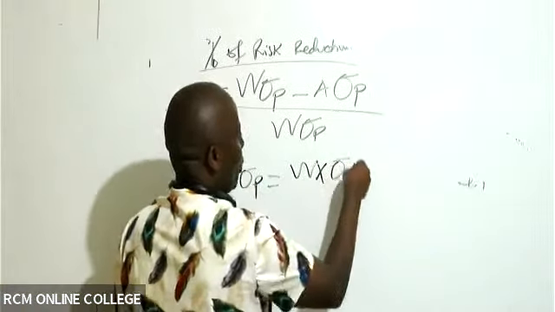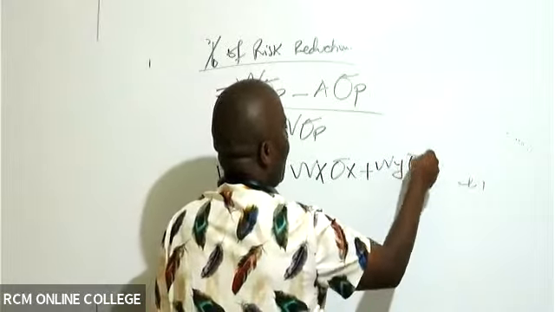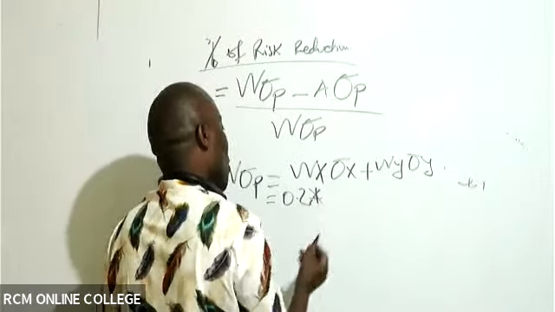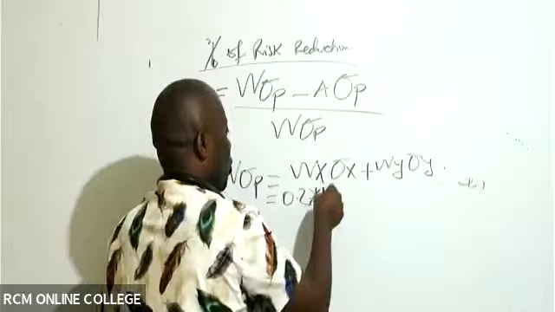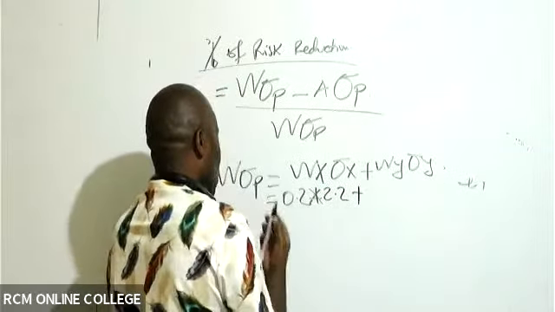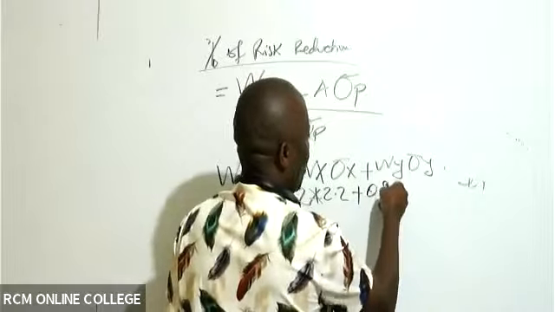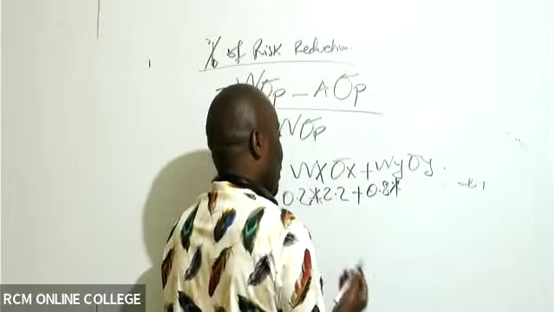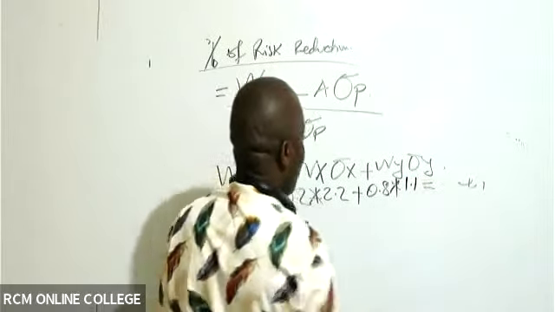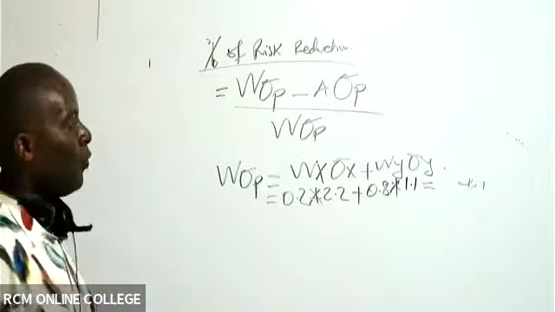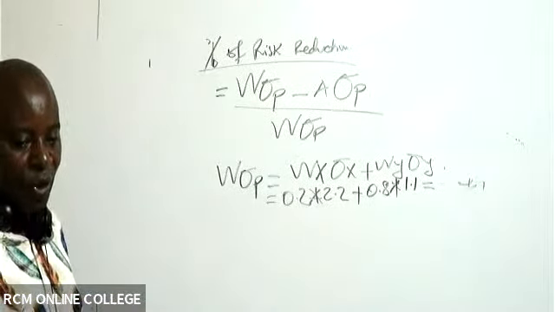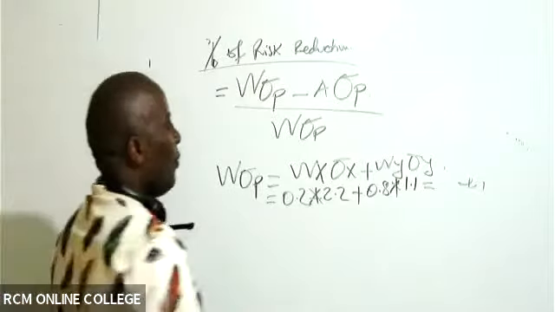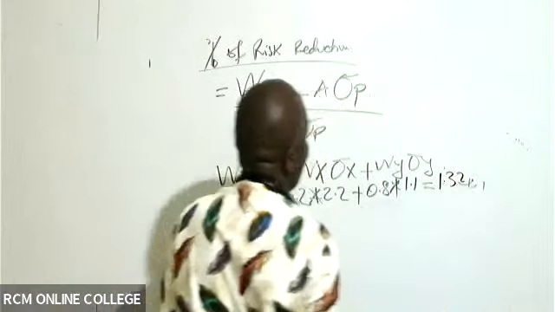We take weight X times standard deviation X, plus weight Y times standard deviation Y. So weight X is 0.2, standard deviation X, you have given me the figure, it was 2.2, plus weight Y, if I remember very well, this was 0.8, times standard deviation Y, which was 1.1. So now you're able to give me the weighted standard deviation of the portfolio. Please give me answers. 1.32. Thank you very much.